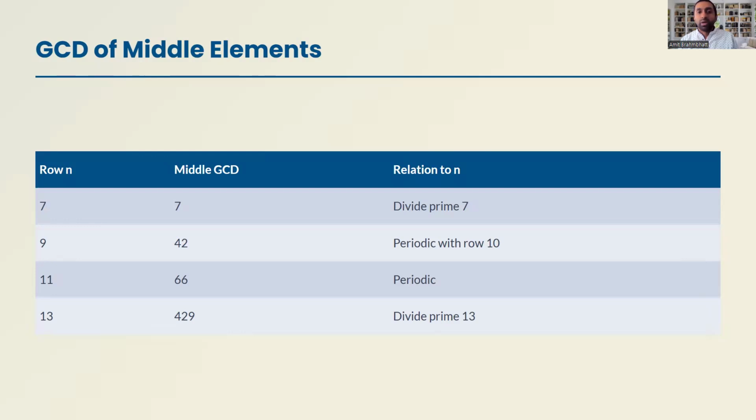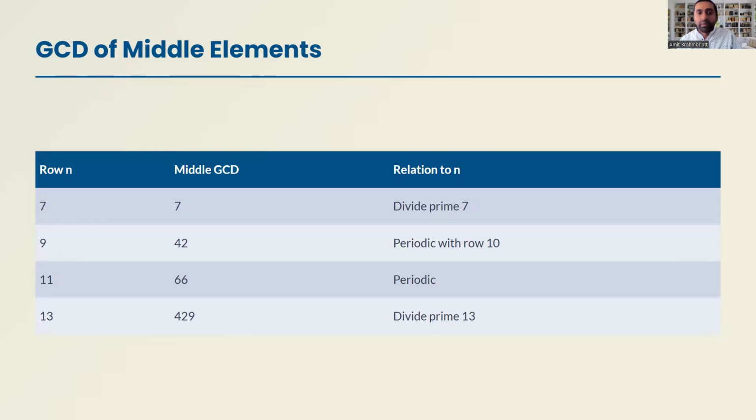Let's explore a more advanced number theoretical property regarding the greatest common divisor: the middle elements of prime rows. If we examine rows where the index n is prime, the GCD of the central elements is highly structured.